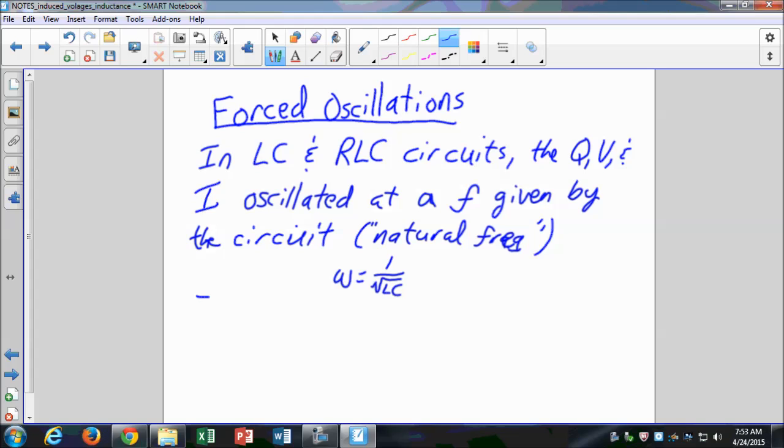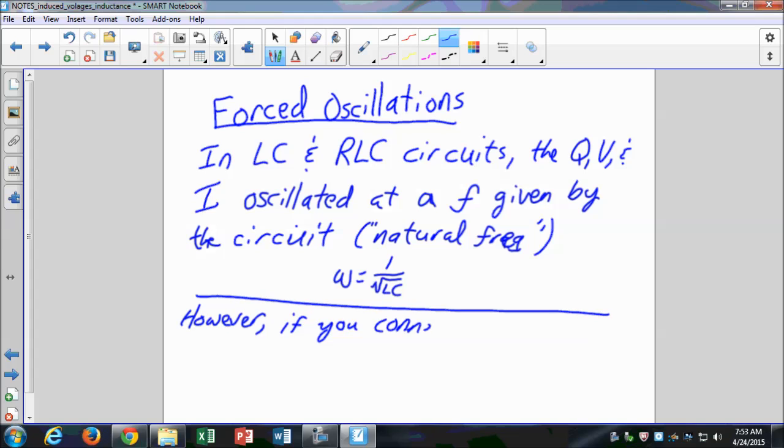But when you hook it up to a driving frequency, to an omega D, if you connect this circuit, an RLC circuit, or any combination of those, a resistor, an inductor, or a capacitor, to an AC source, the oscillations always occur at the driving frequency.